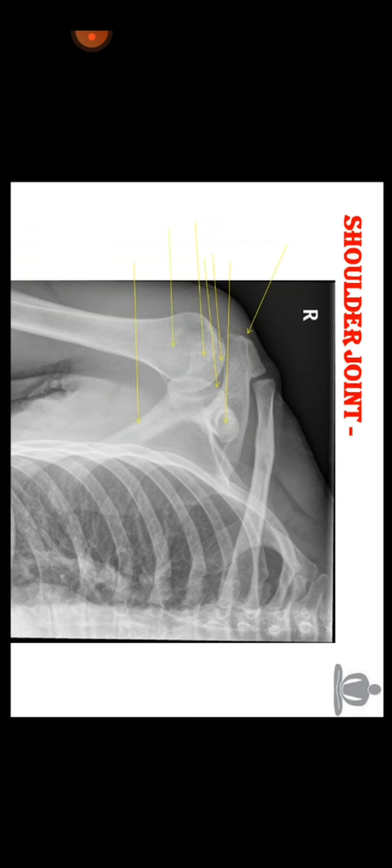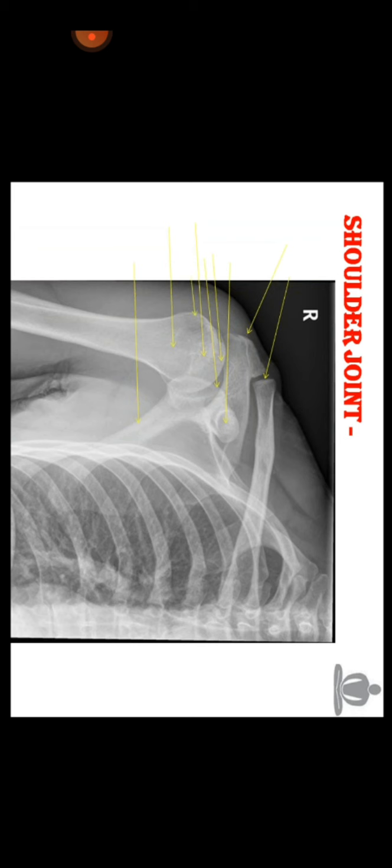Surgical neck. The anatomical neck is anatomical division of head and shaft. Remember one thing, if patient has got fracture at anatomical neck level, then probability of avascular necrosis of head of humerus is much more than fracture at the site of surgical neck. So this is surgical neck, then this is acromioclavicular joint.